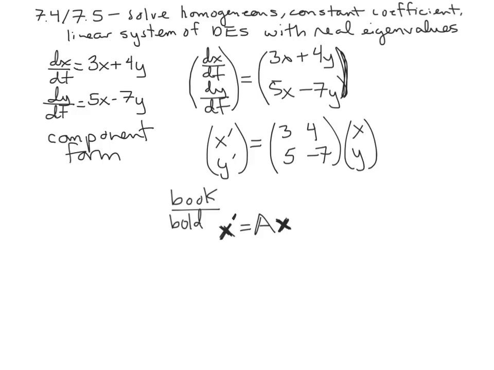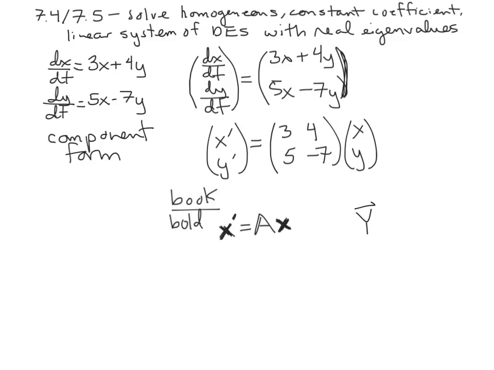So the way the book writes this is that it's got that x bolded because it's the vector. So they're talking about this vector here that's the derivative of this vector with an x and a y in it. Personally, I like to use something like capitals with an arrow up above them, just to do something different.